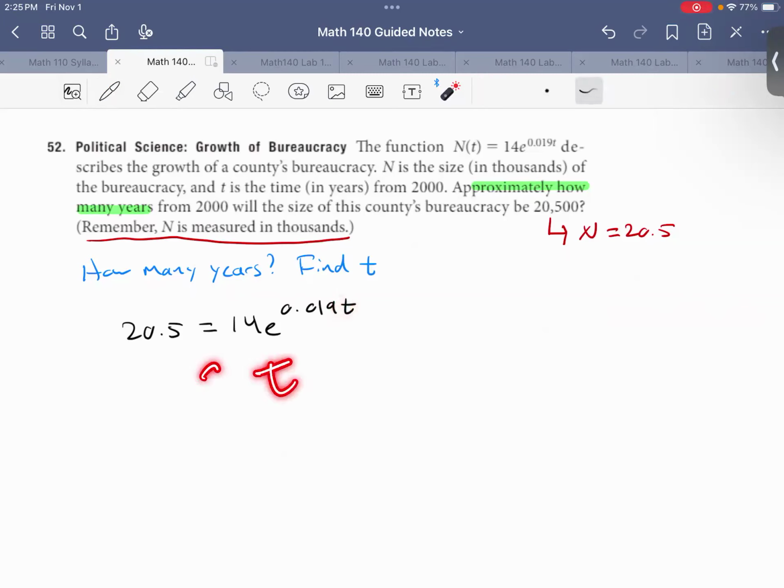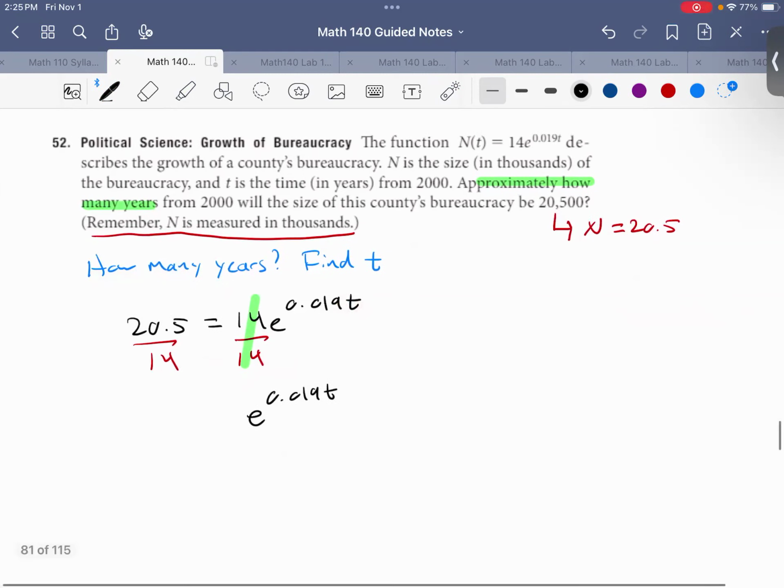So what I need to do here is divide both sides by 14. So 14 cancels out, and I don't get an exact answer for 20.5 divided by 14, so I'm going to leave it alone for now.